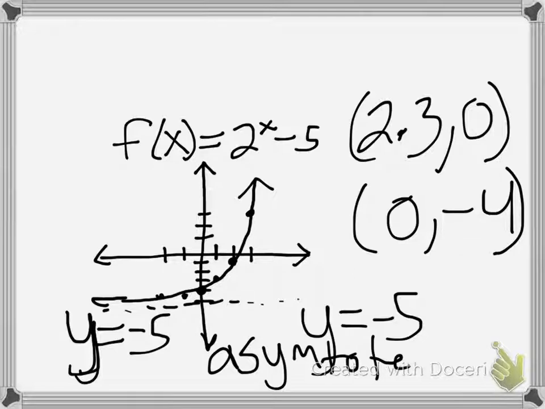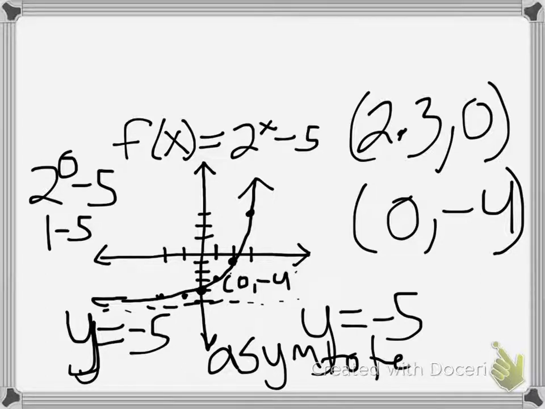My y-intercept here, if I was going to find it, again, I'd make x 0. 2 to the 0 is 1. 1 minus 5 is negative 4. Notice it crosses at negative 4, so my y-intercept is 0, negative 4. And notice my x-intercept crosses in between 2 and 3.